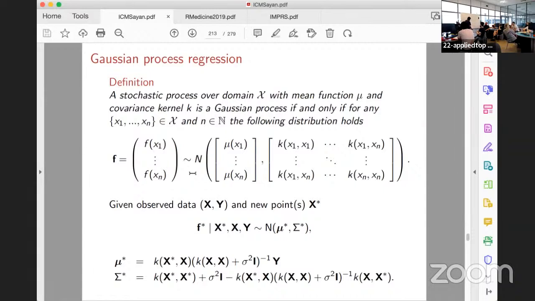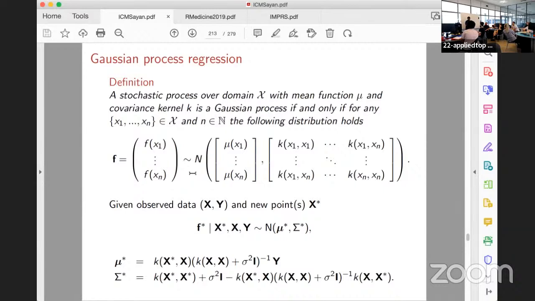I want to get this f star. I have these x and y, so I know what these values are, and these are my unknown things. So basically, you can condition to get f star given x, y, and x star.